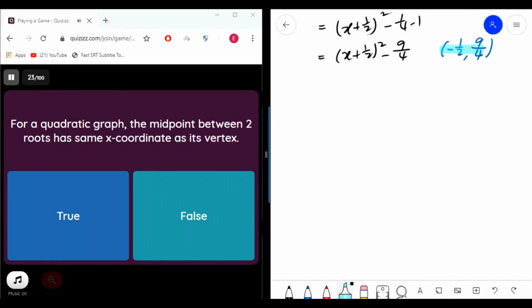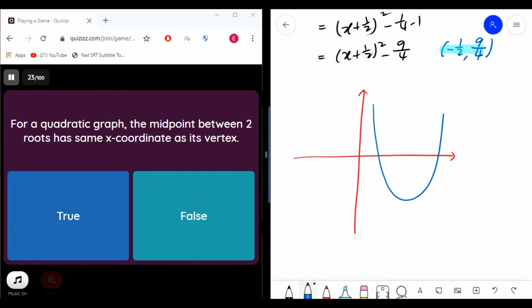For a quadratic graph, the midpoint between two roots have same x-coordinate as its vertex. It's true, because we know that the parabola is symmetrical. Okay? Then both midpoint and vertex will lie on the axis of symmetry. Let me draw it out for you. For example, this is the axis. Then we have a quadratic curve like this. y equal to x squared plus bx plus c.